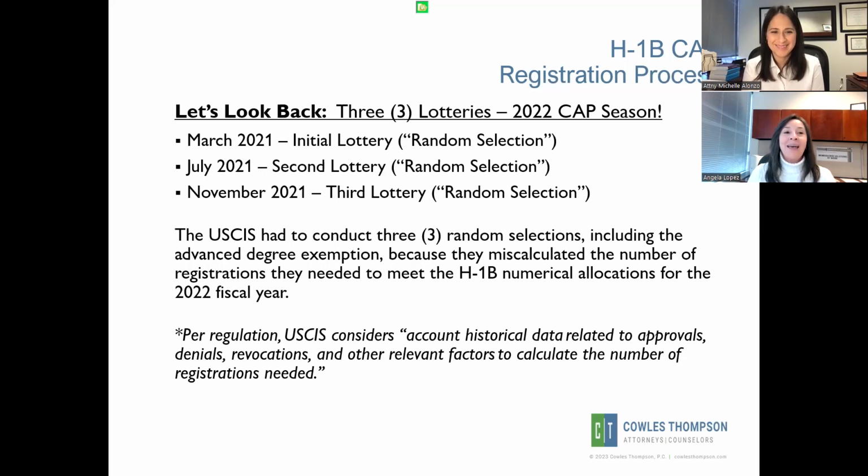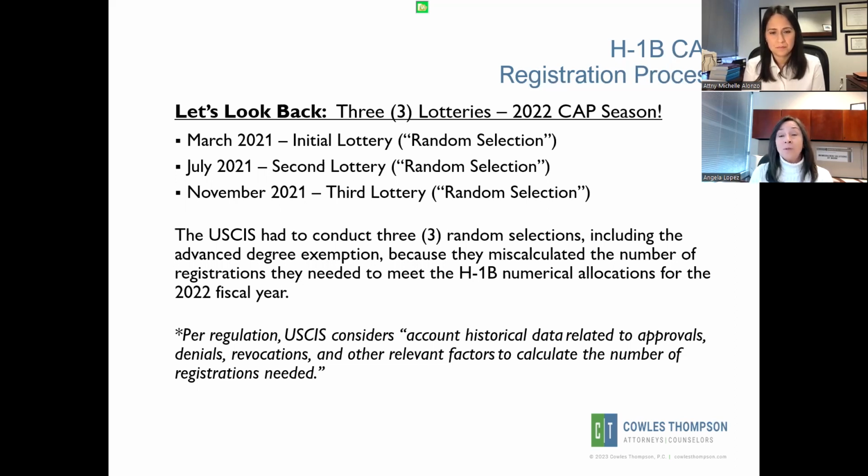We were so lucky. The reason for that is that the Department of Immigration did not calculate the number of registrations that they needed to meet the numerical allocations for the fiscal year 2022.